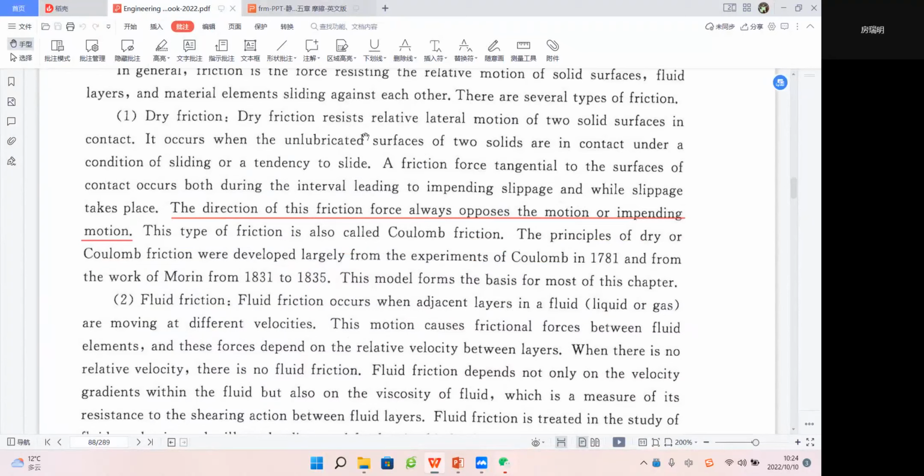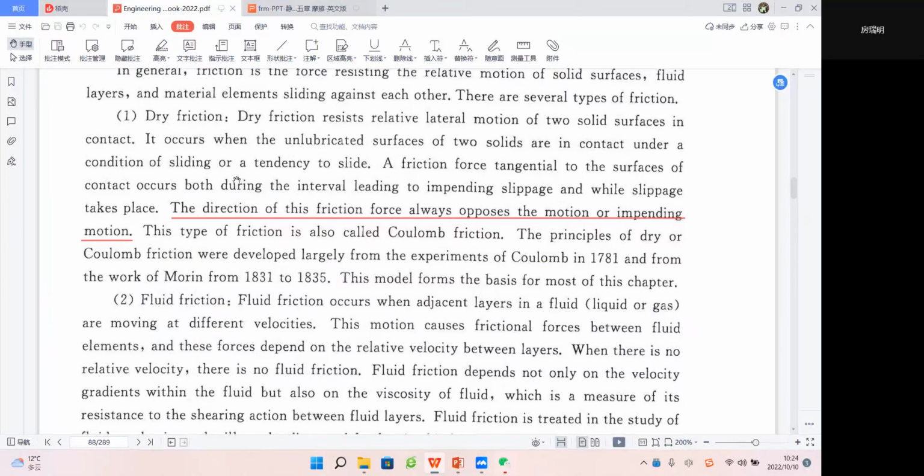Dry friction resists relative lateral motion of two solid surfaces in contact. It occurs when the unlubricated surfaces of two solids are in contact under a condition of sliding or tendency to slide.